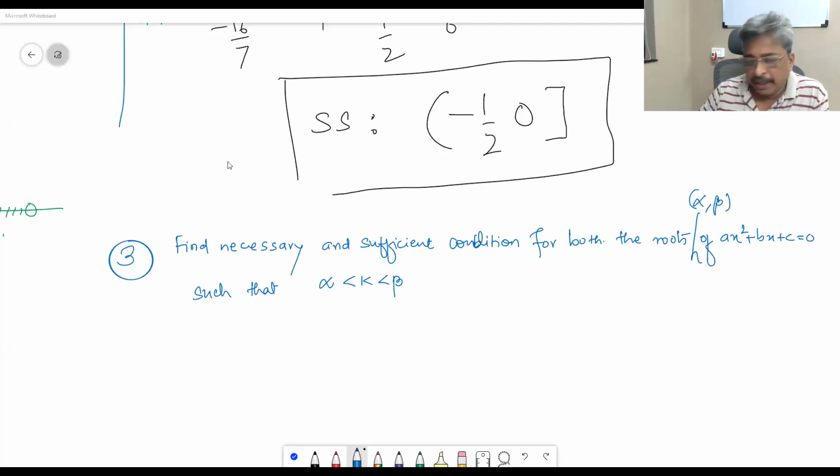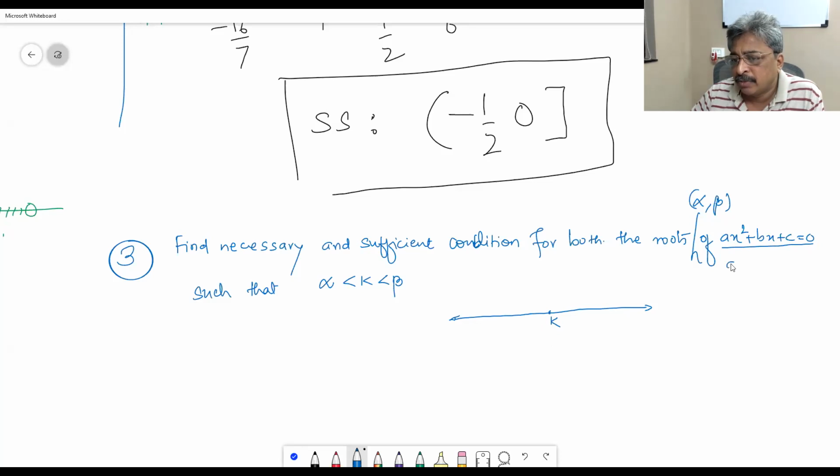Okay, let us see geometrically. What do we want? On the x-axis the value of k is there somewhere, and as I said, we are not going to discuss this quadratic equation. We will discuss a square x square plus abx plus ac is equal to 0, because as far as roots are concerned, both these quadratic equations have the same roots.